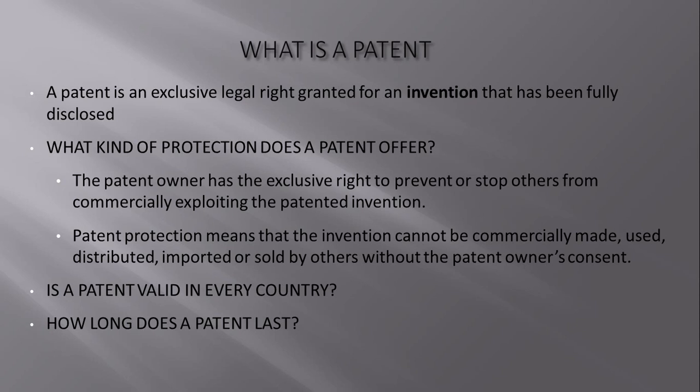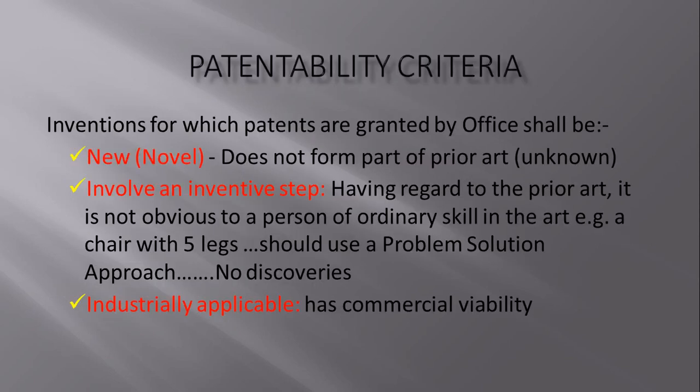It also comes with the rights to determine who uses, who can exploit, or who can collaborate. All those rights are exclusively granted to the owner of the patent. Then we talked about the criteria that make your innovation qualify for patent protection.